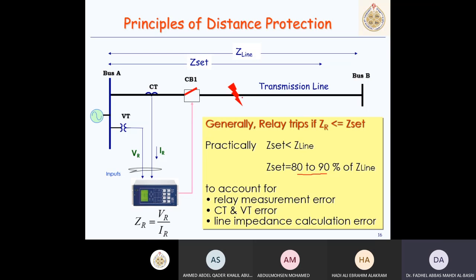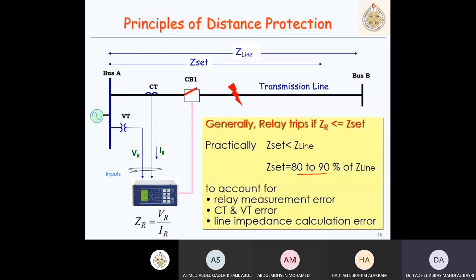So these parameters might also have some tolerance. As a result, we don't set the relay at 100% of the line. We take at least a 10% to 15% margin.